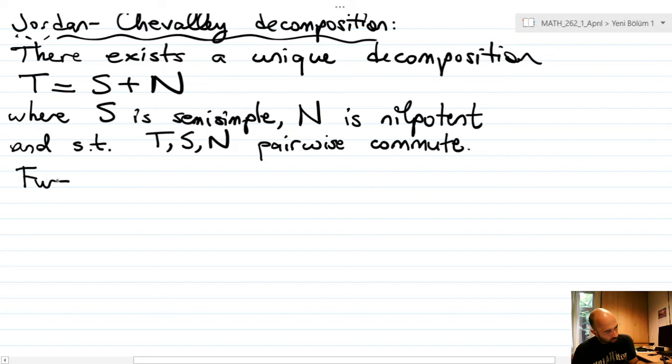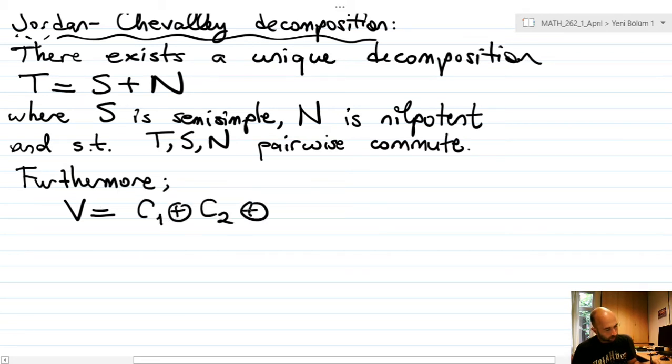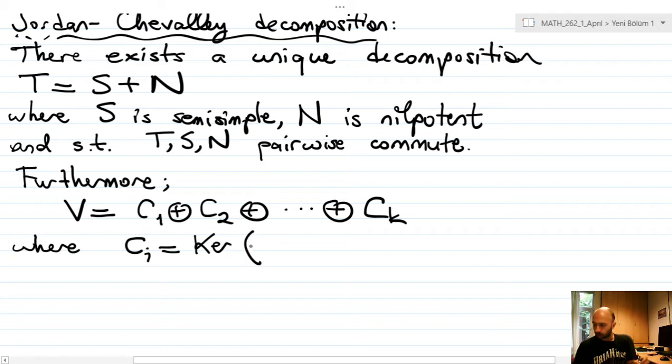So furthermore, we can write the vector space itself as a direct sum of certain subspaces C_i, where C_i is the kernel of the operator (T - lambda_i I) to the power mu_i. So the lambda_i's are the eigenvalues and the mu_i's are precisely the multiplicities which appear in the characteristic polynomial.